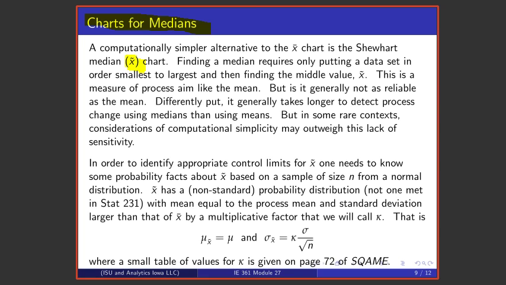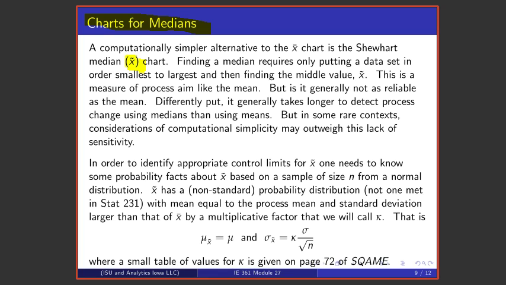In order to find appropriate control limits for medians, one needs to know some probability facts about it. It turns out that when sampling from a normal distribution, the sample median has a non-standard probability distribution.